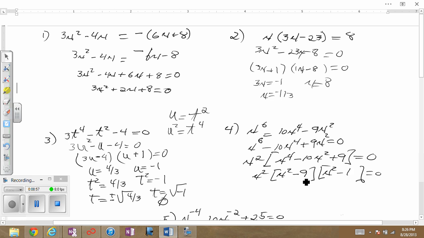Now, well, guess what? Each of these factors again, right? So there you go, x squared, x plus 3, difference of squares, remember? x minus 3, x plus 1, and x minus 1. And that's equal to 0.